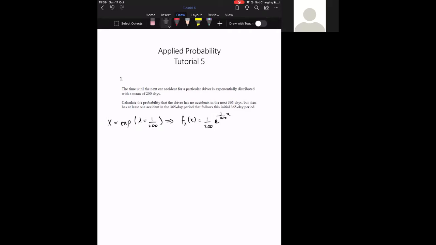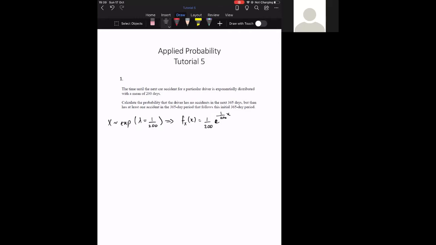Calculate the probability that the driver has no accidents in the next 365 days, but then has at least one accident in the 365-day period that follows this initial 365-day period. What's this asking for? Our random variable tells us the time until the next car accident. So the event we're looking for is the next car accident in our random variable.